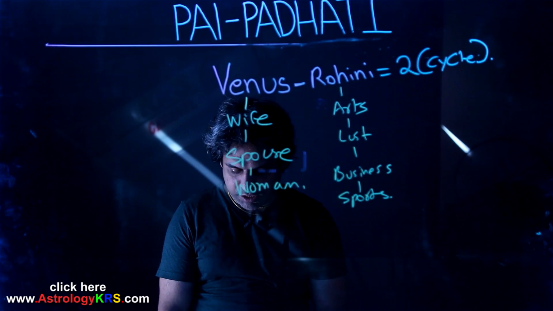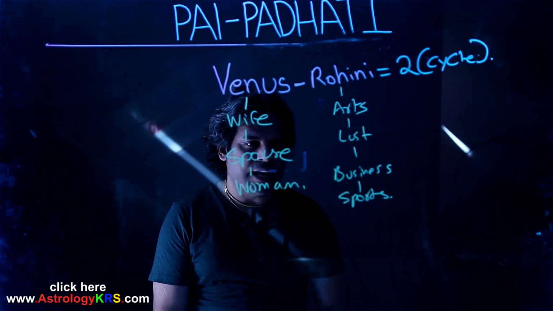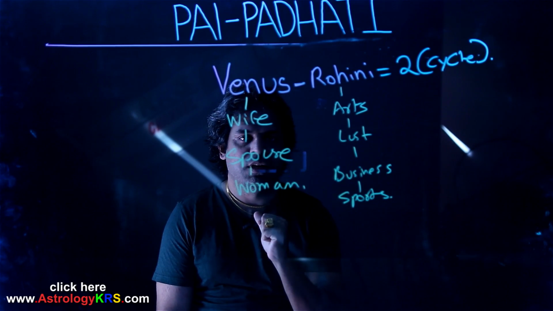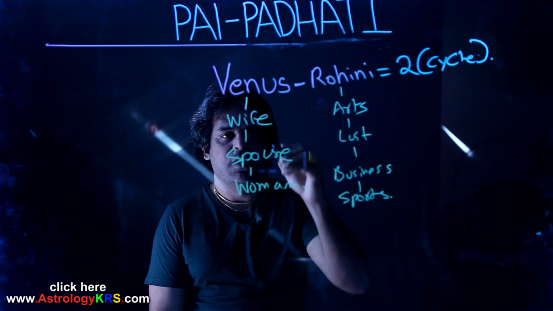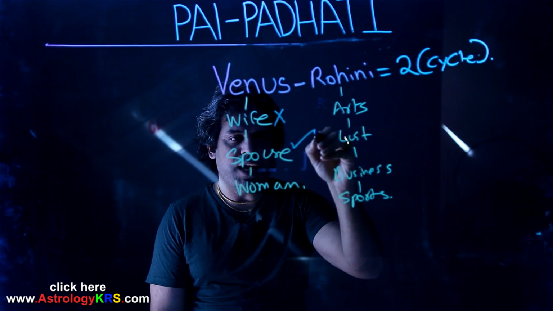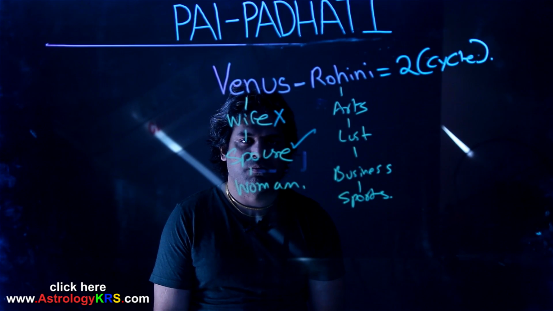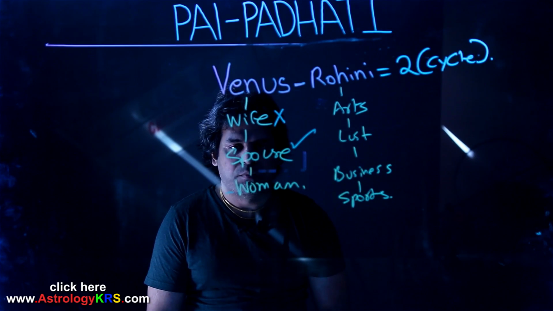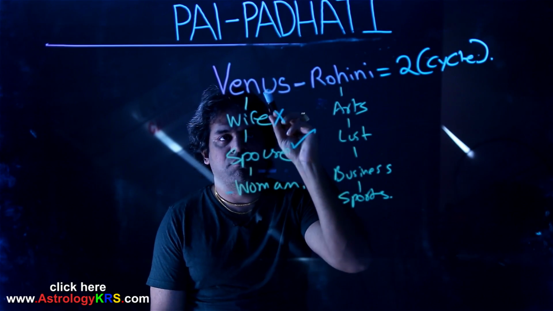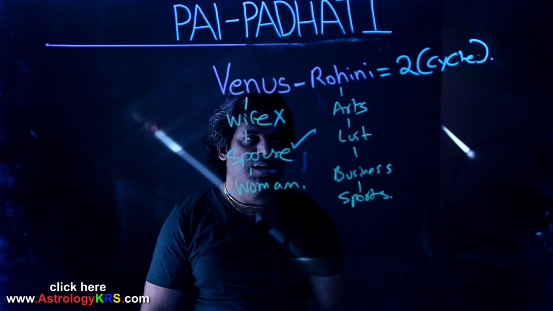So once I see this, what I see is that whoever has this, regardless if you're a man or woman, because remember, if you're a woman, sure, this may not apply, but this applies. It could be your spouse. Venus can also represent any woman that comes into your life. But let's concentrate on the fact that, man or woman, I see that this is the spouse. I see Rohini.